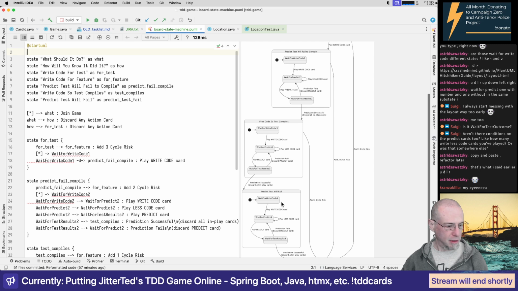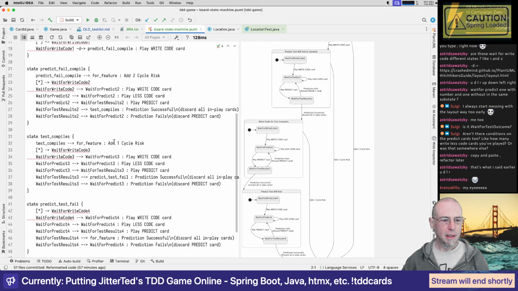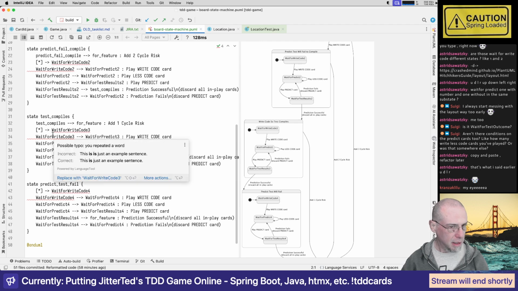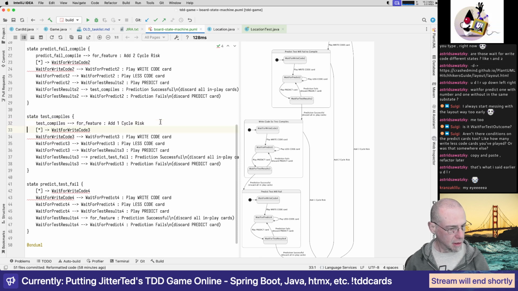Each of these steps are similar. No, this one is wrong. I knew something was not right. So the write code so test compiles is actually more like this one. So yes, you can exit by adding 1 cycle risk.